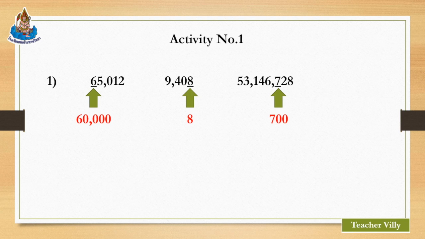Therefore, the number whose underlined digit has the greatest value is 65,012, wherein the digit 6, the underlined digit, has the value 60,000. So that is the number with the greatest value.